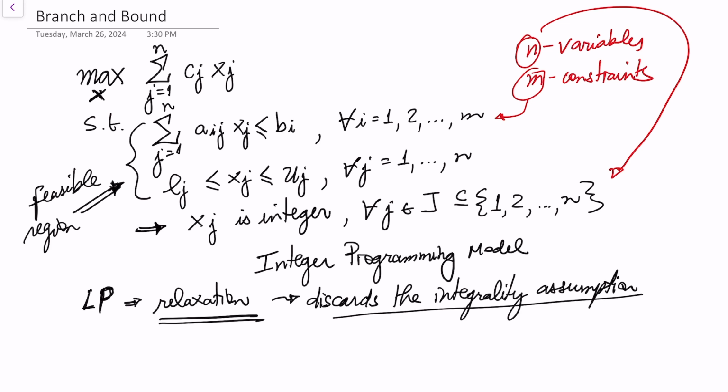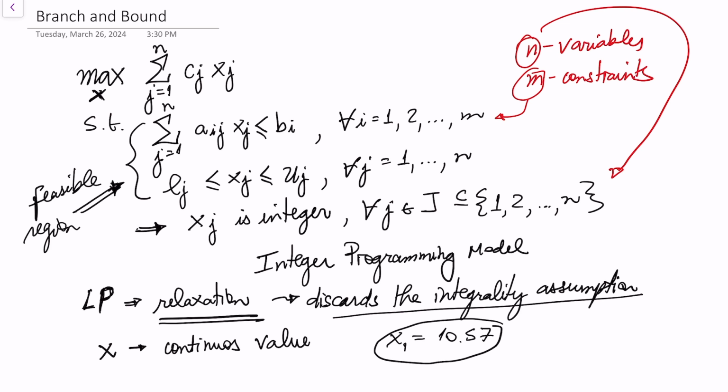So when we solve this problem as an LP, the decision vector x will be represented as a continuous vector, right? Any of the elements of that vector can have a continuous value. That means, for example, that x1 can be equal to 10.57. This is a real number, and it would be okay for us to have a solution like that for an LP relaxation.